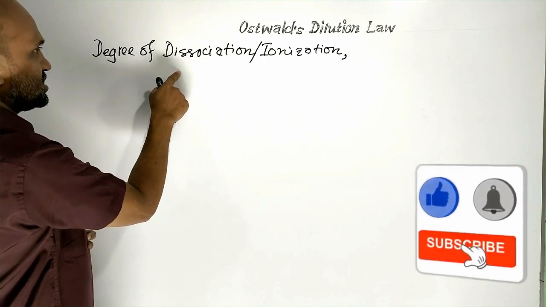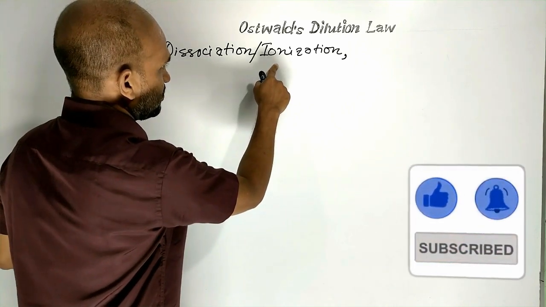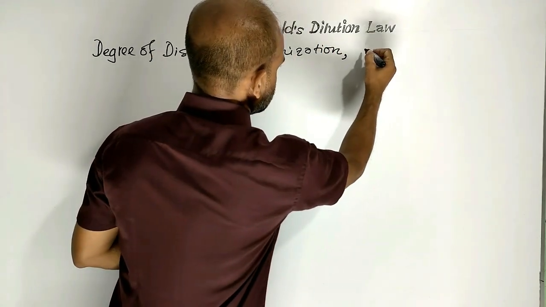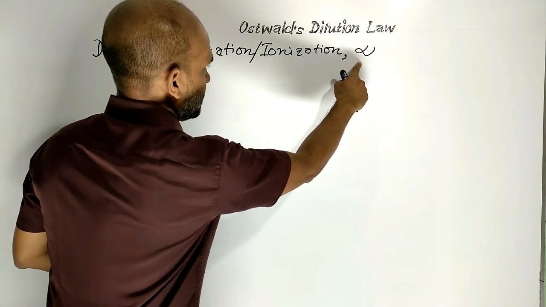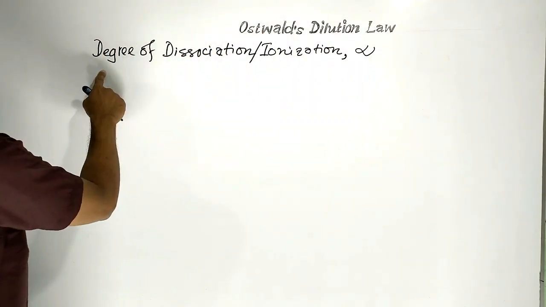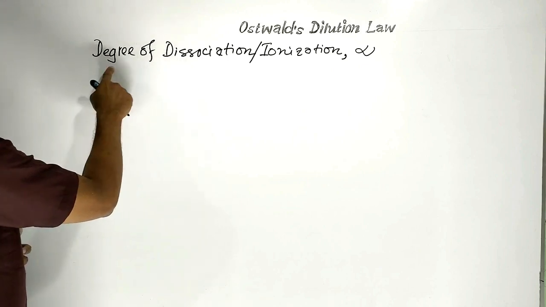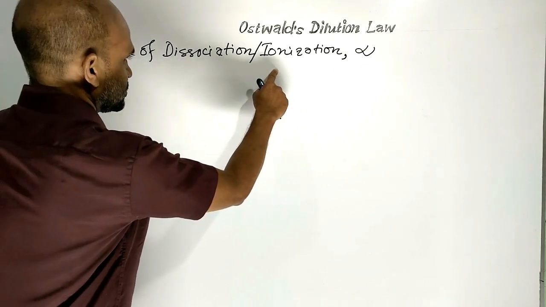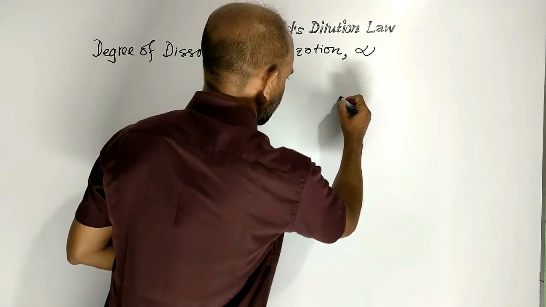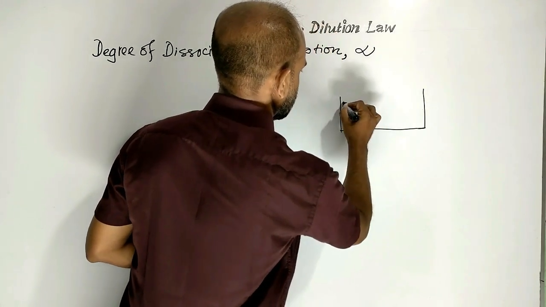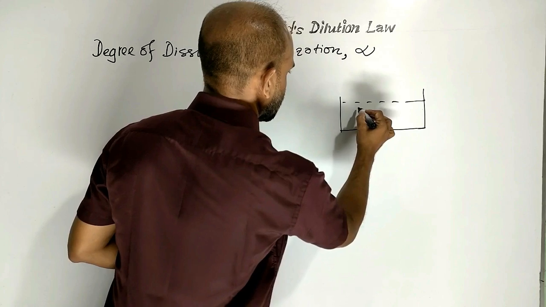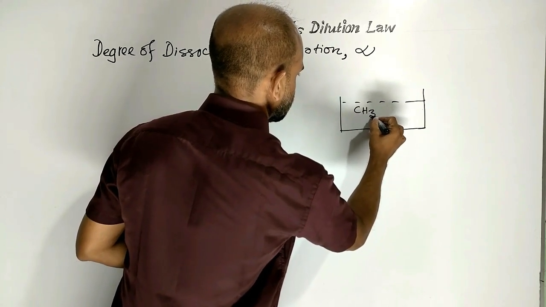Degree of dissociation or degree of ionization is denoted by alpha. Alpha refers to degree of dissociation or degree of ionization. Let us suppose here a solution of acetic acid.